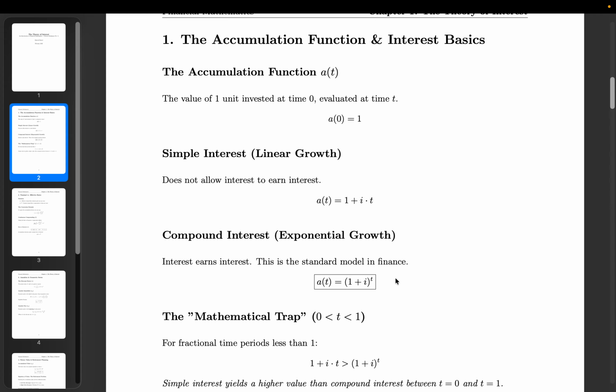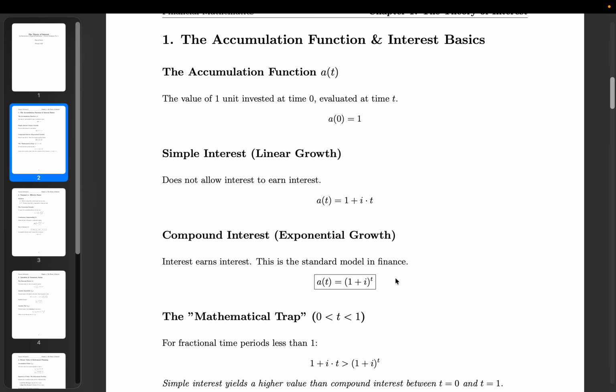If time t is between 0 and 1, meaning less than 1 period, simple interest is actually greater than compound interest. Why? Because a straight line connecting two points lies above a convex curve. So if you withdraw your money after just 6 months, technically, a simple interest calculation would pay you slightly more.